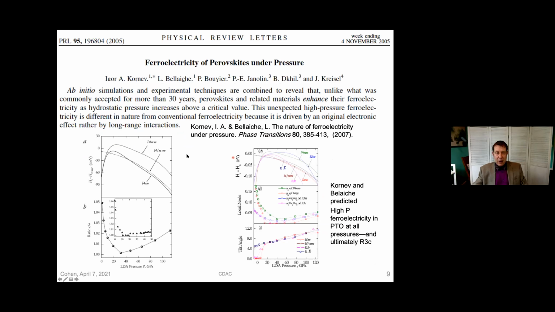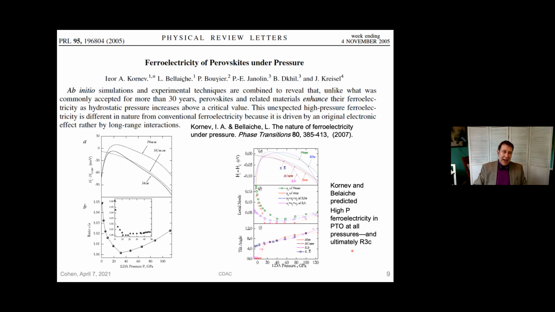And what they found first in the PRL and later in the Phase Transitions paper is a little different than what I'll show you today. But basically what they found is that as you went up in pressure, initially it seemed like things were going to become less ferroelectric, but then as you went up in pressure farther, it became ferroelectric again. So they predicted this very high pressure ferroelectricity in lead titanate, really at all pressures.